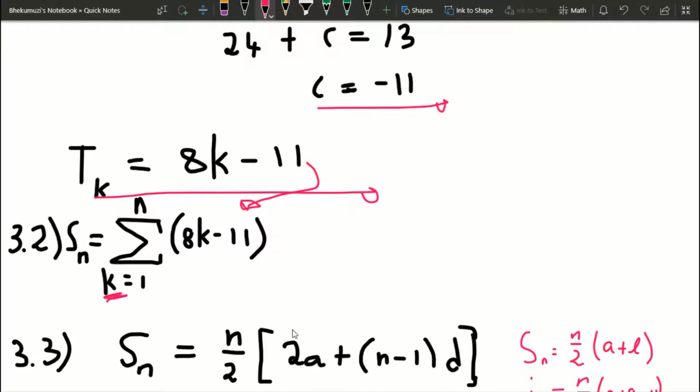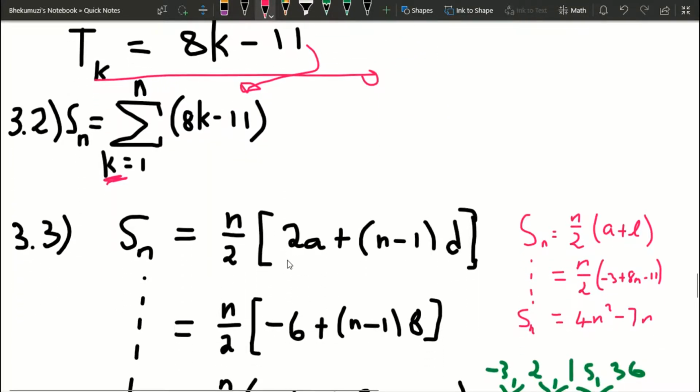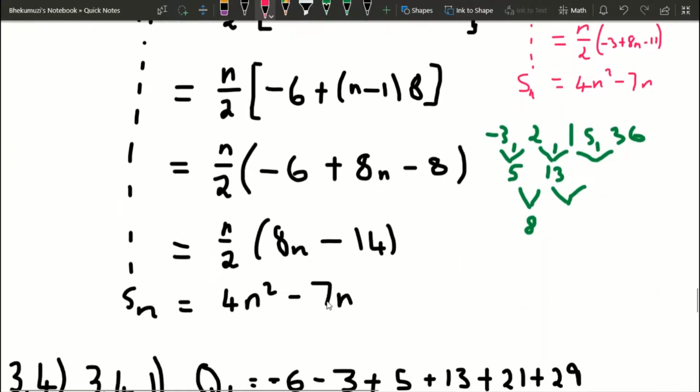So what do we do here? Since we already know our d, it's 8, and it's n minus 1, and we know our a, it's -3, and -3 times 2 is -6, and then we have n divided by 2, sorry, (8(n - 1) - 6), and then you just simplify, and you'll find that in actual fact it is 4n squared minus 7n.